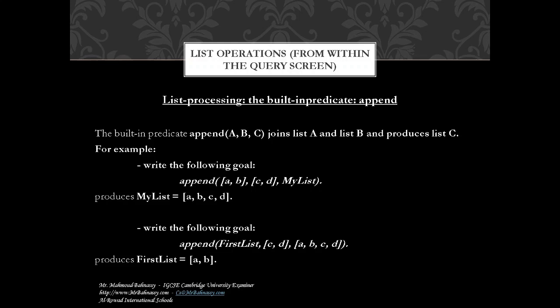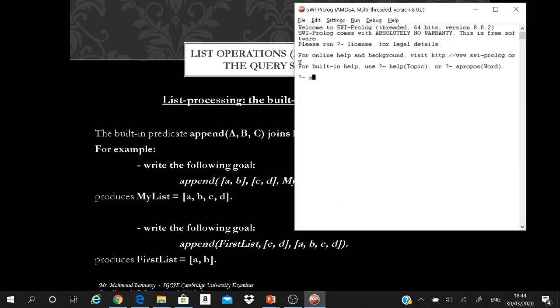So what we're going to do here is write down the append command and bracket, then square bracket, then the first list of items like A, comma, B, and this is the first list, and write down the second list of items, square bracket, C, comma, D. So we have two lists now to append or to merge together to put them in a new list. Then, comma, the name of the new list. Let's say we're gonna call it new list.